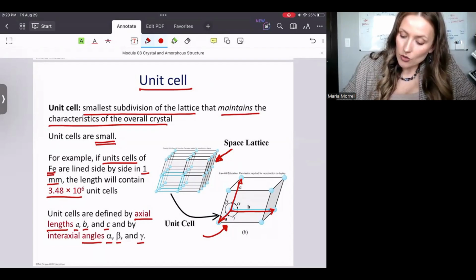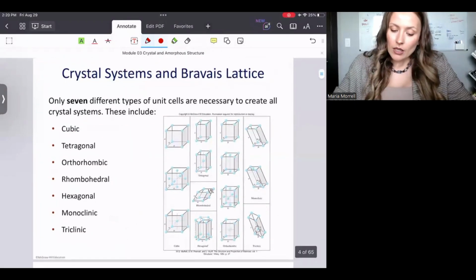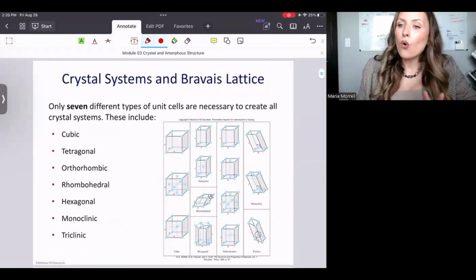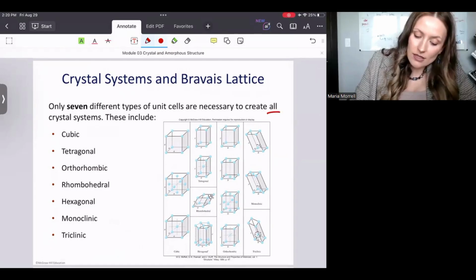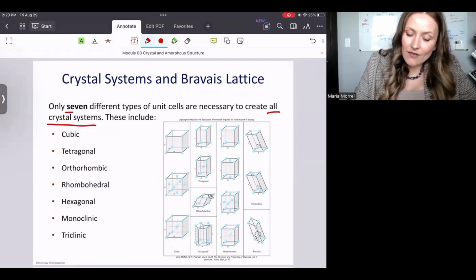And right in here, I'm showing you this is going to be your angle alpha, beta, and gamma.